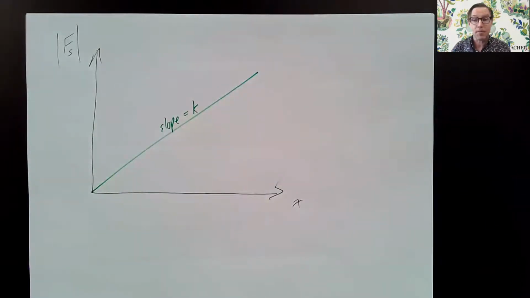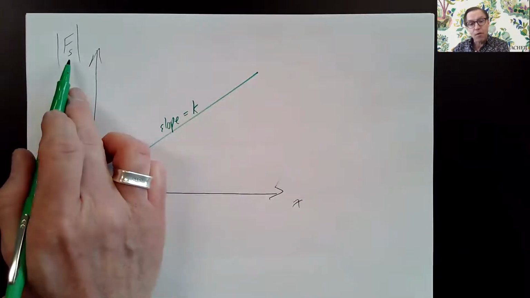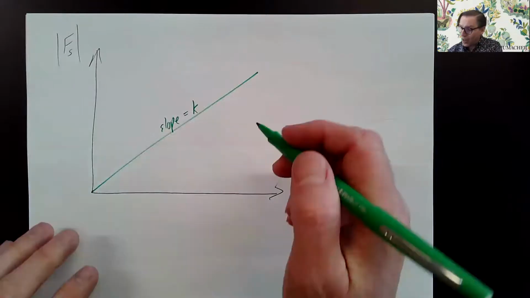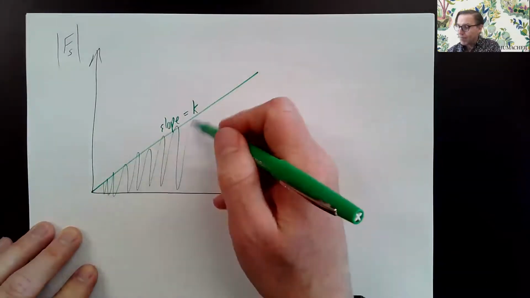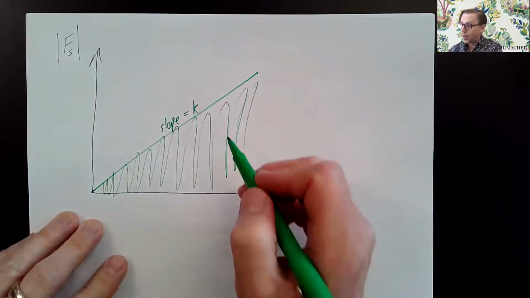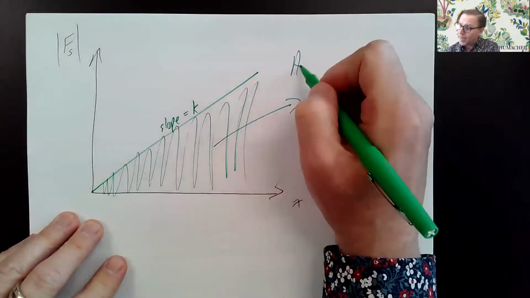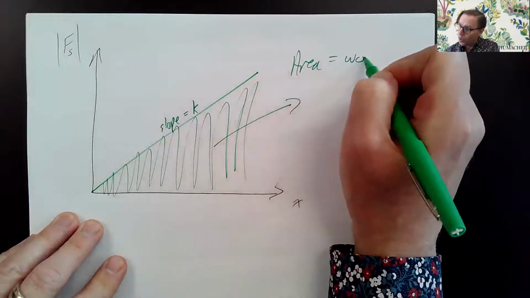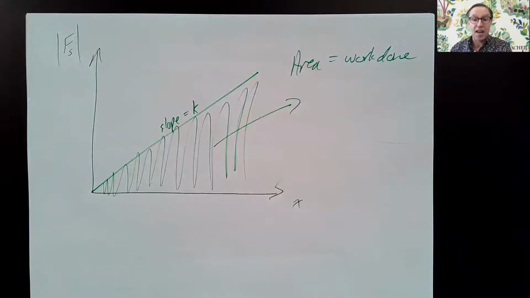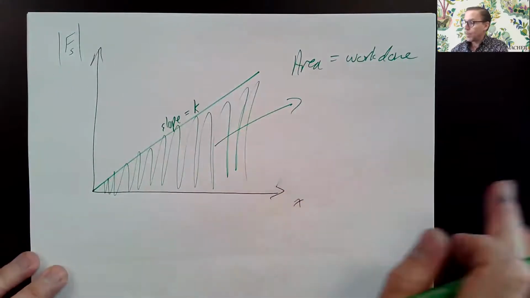Now, you might remember from first semester that when I have a force versus displacement graph, the area here is equal to the work done by the spring. Area equals work done. And we studied that in chapter 5, if you want to go back and review.